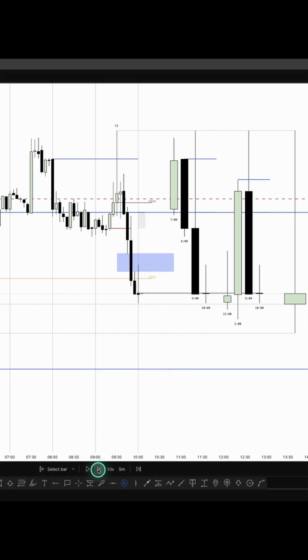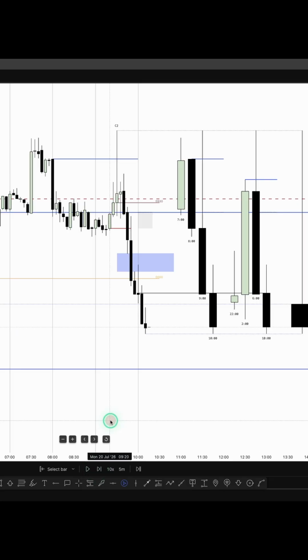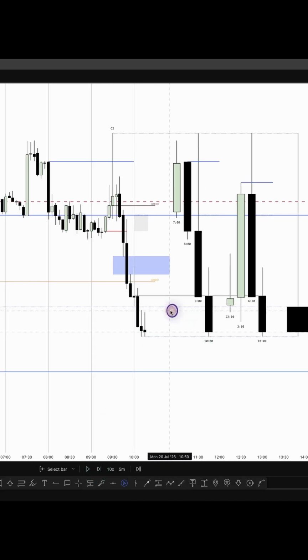The only exception where I'll do this is if price, when it opens at 10, goes into a POI, which is a 5 minute fair value gap, then I'll enter here. Notice how I don't have an up close candle here for an intraday change in state of delivery, but you could have entered here right at 10 because it went into this POI, right?